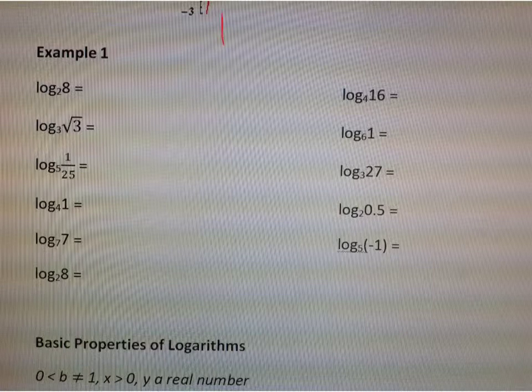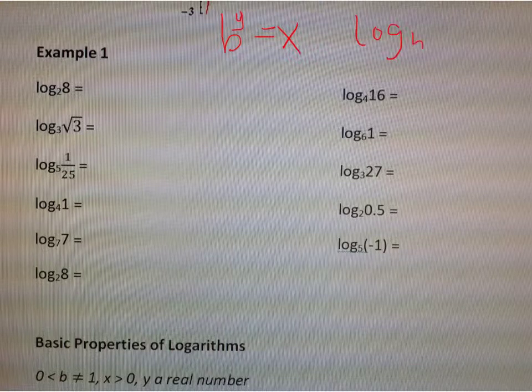And so if I have b to the y power, that equals x, so that's my inverse function, flipping the x and y from the exponential. We know that the way to solve for y is to take log base b of x equal to y. So I'm going to use this to solve these problems.